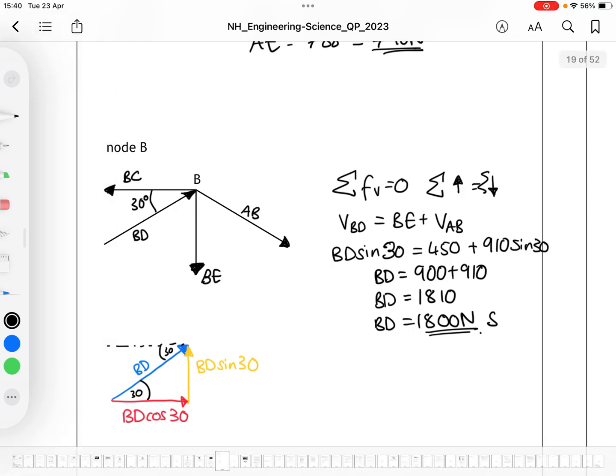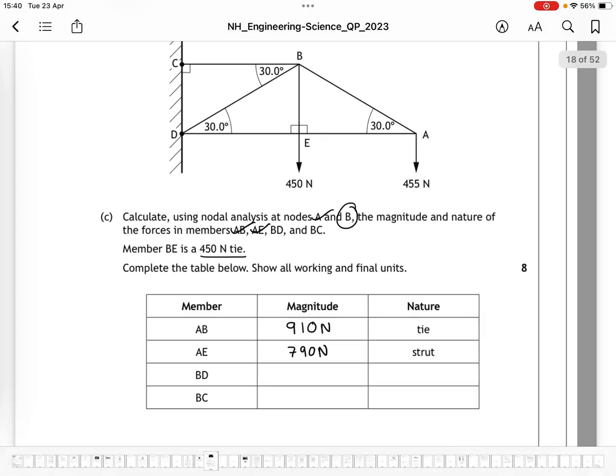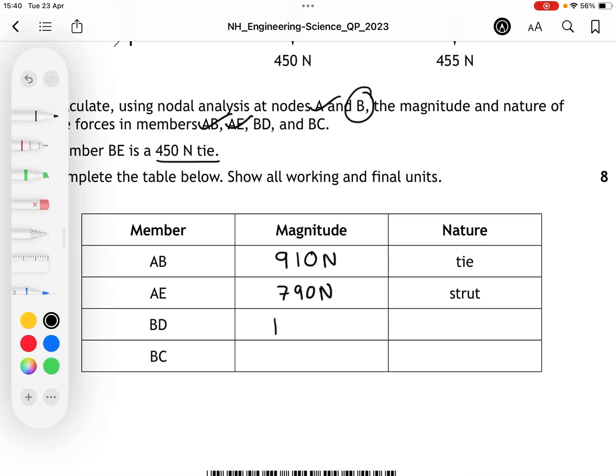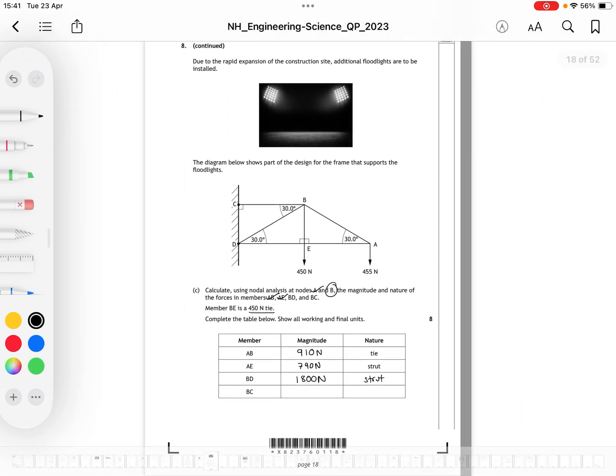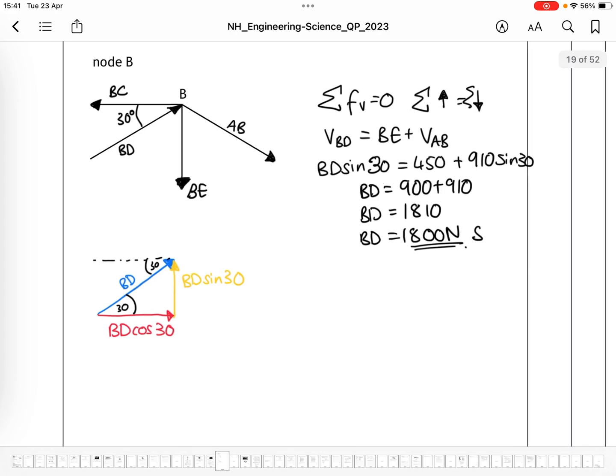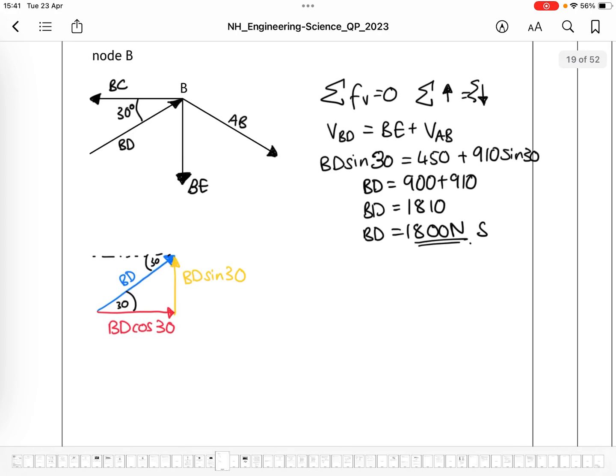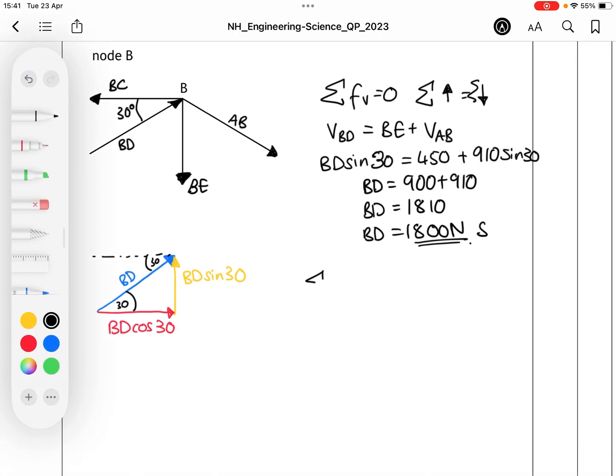So I'm going to put that again straight into my table. BD is 1,800 newtons and it's a strut. And now what I've got to do is resolve horizontally to find out what BC is. So resolving horizontally, I know that my sum of forces has to be equal to 0, and I'm going to say that my sum of forces to the left has to be equal to my sum of forces to the right.